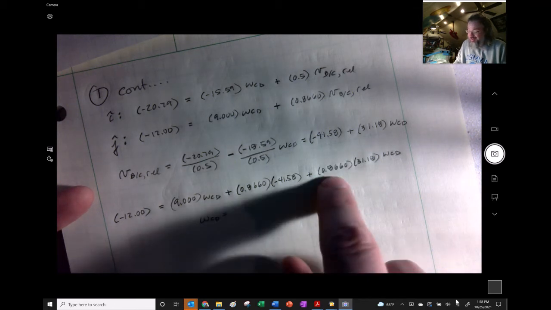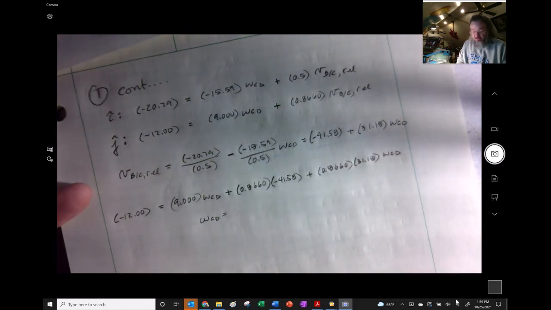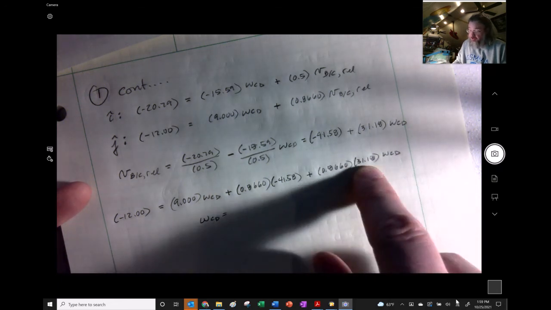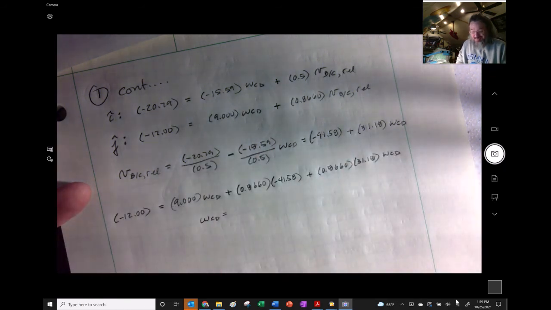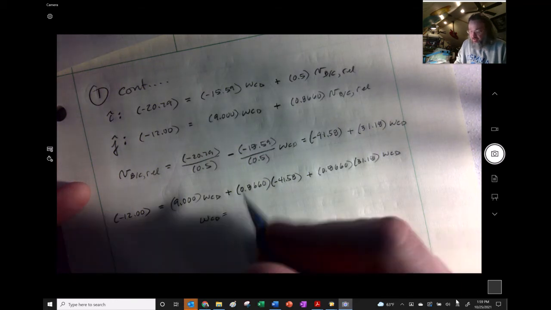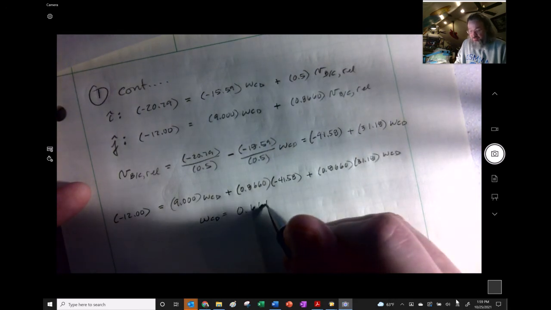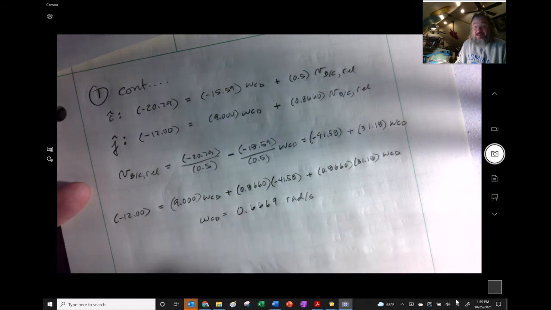Now I'm going to add 9 plus my 0.866 times that. So 31.18 times 0.866. Boom. And that should be positive. Double checking that, I think it should be positive because that negative. All right, so positive. I'm going to add 9 to that. Now I'm going to divide through, and I get an omega of 0.6669 radians per second, and I get it positive.